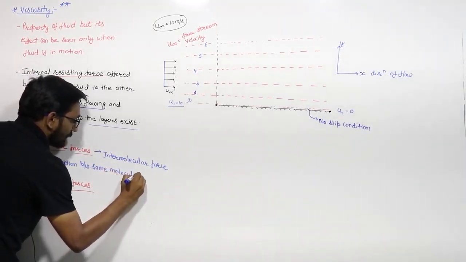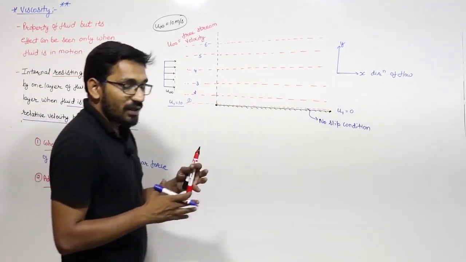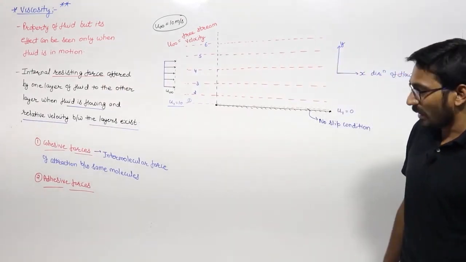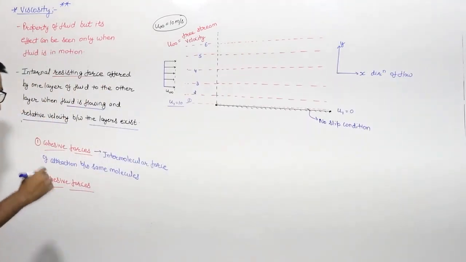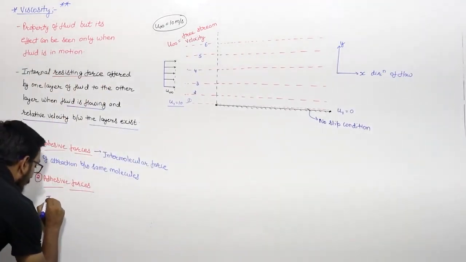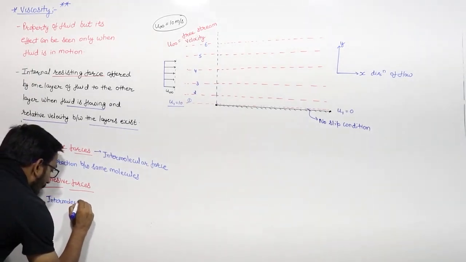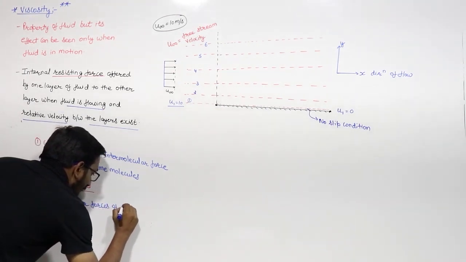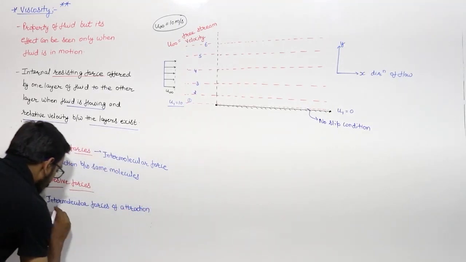Same molecules means, if we have water, then the intermolecular force of attraction between water molecules is cohesive force. Adhesive forces are the intermolecular forces of attraction between different molecules.